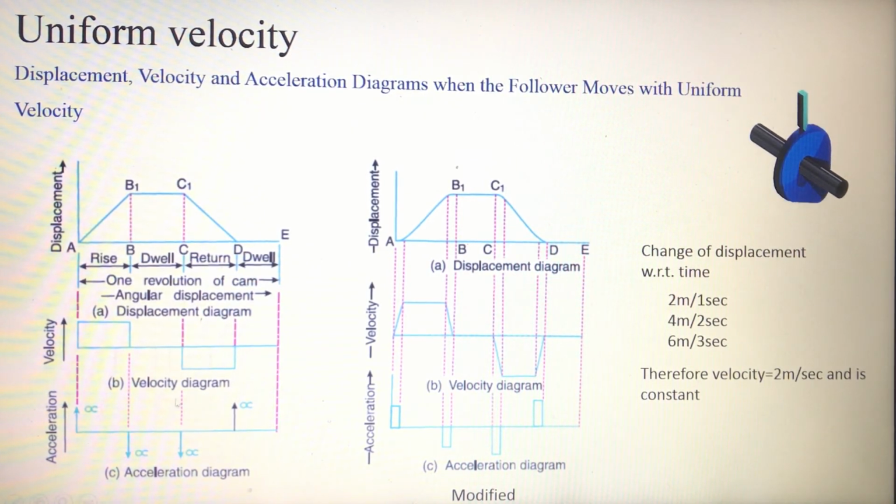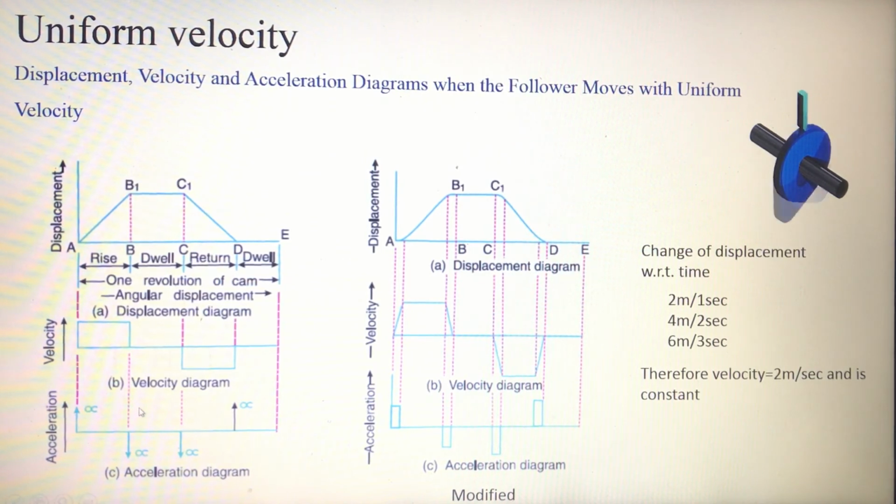So this is the acceleration diagram when the velocity is uniform. At the starting and ending conditions you have infinite acceleration. In between, as the velocity is constant, there is no acceleration, it is 0. But practically this is not possible; it is difficult to achieve.